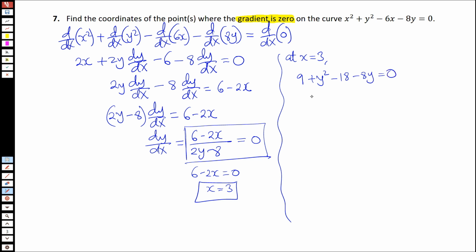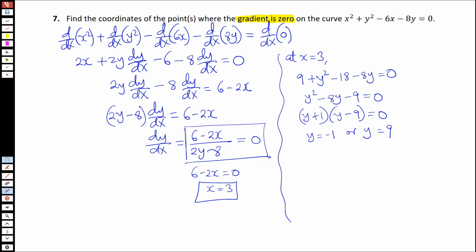So basically, the resulting equation is y squared minus 8y minus 9 equals 0. If you factorize this, you end up with y plus 1 and y minus 9 being equal to 0. So either y is equal to negative 1 or y is equal to 9, which implies that when x is equal to 3, y is either negative 1 or 9.